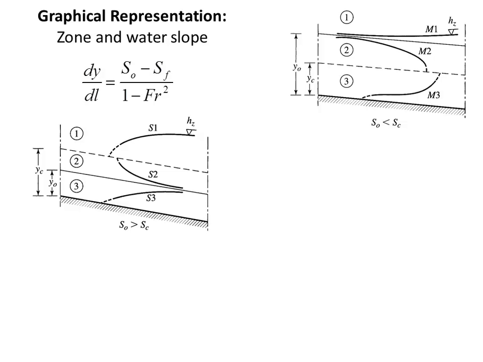So you can see the S profile, meaning steep slope, will support the supercritical flow, so that if the water depth is in zone 3, maybe coming out of an underflow gate, for example, then the water depth increases until it reaches the normal depth. This normal depth represents what the water depth will be under steady, uniform flow.